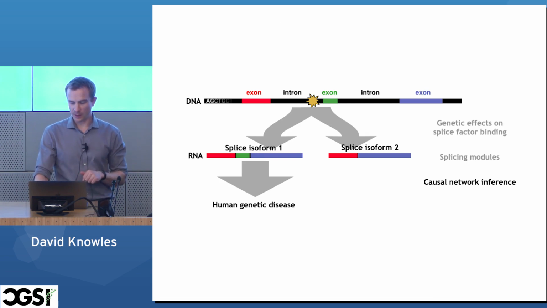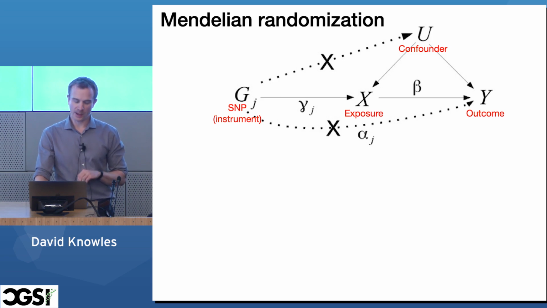So next I'm going to tell you about work we've been doing on causal network inference. Many of you are probably aware of Mendelian randomization, since it's being quite widely used in genetics currently.